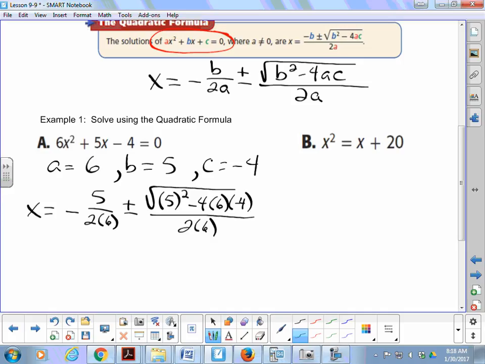Then we just do the simplification. So x equals negative 5 over 12 plus or minus. And now we'll do what's underneath the radical. Calculate that, if you want to do it there.